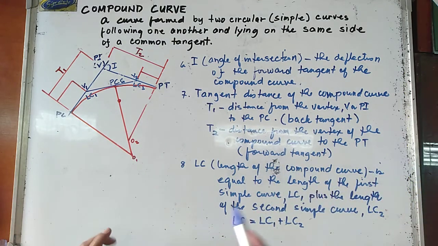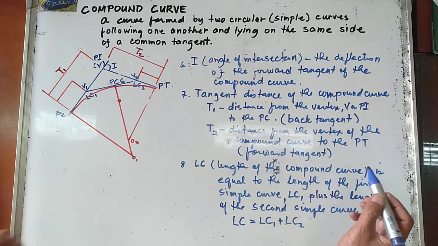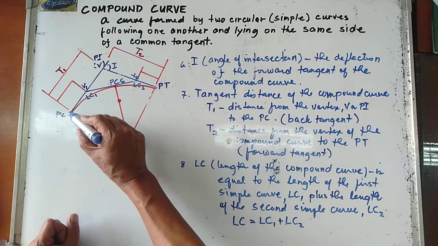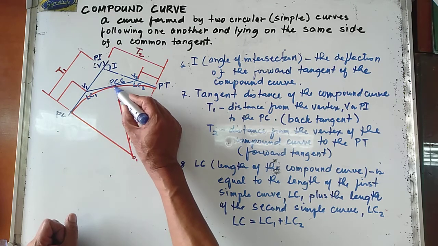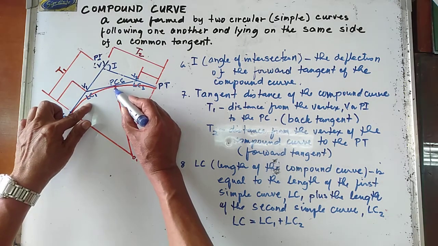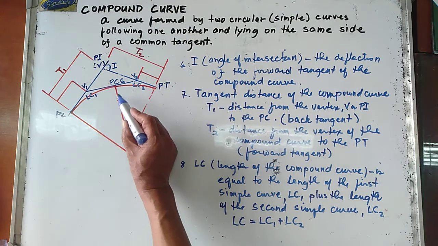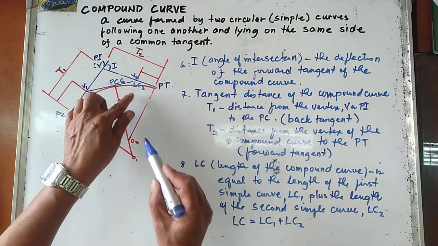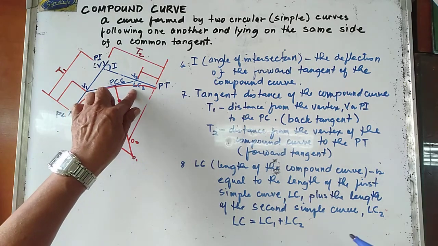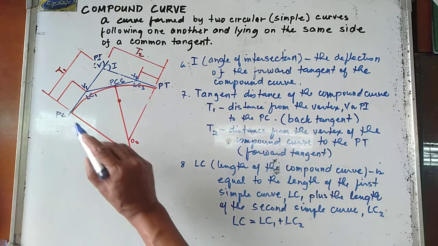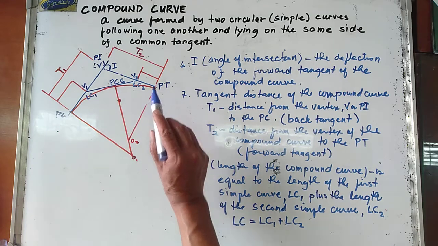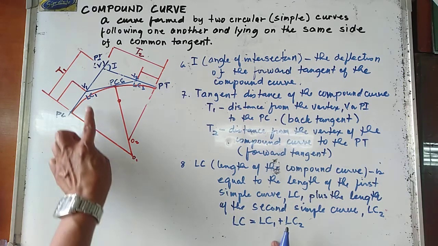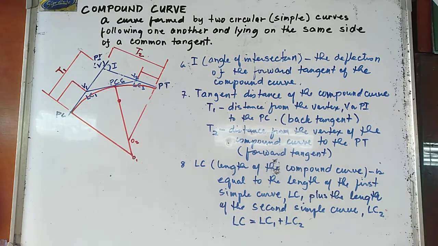The length of the compound curve is equal to the length of the first simple curve, denoted as LC1, plus the length of the second circular curve, denoted as LC2. Therefore, the total length of the compound curve is LC1 plus LC2.